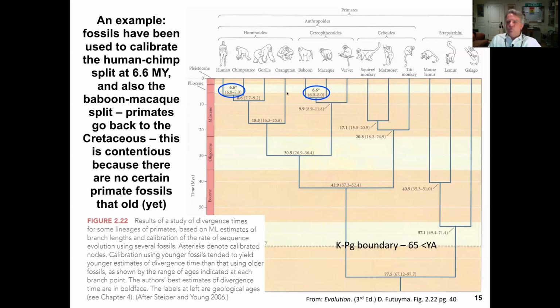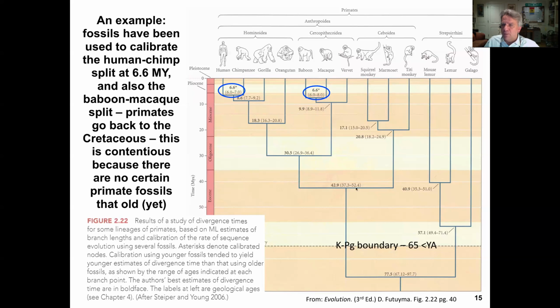But based on these two calibrations, we could then estimate the evolutionary ages of the splits among all of the major lineages of primates. And you could see here that the split between the Western Hemisphere monkeys relative to the African and Asian monkeys and the great apes, the estimated age is about 43 million years.